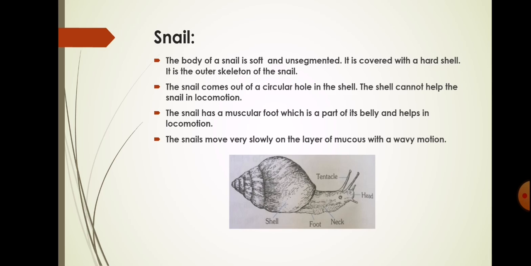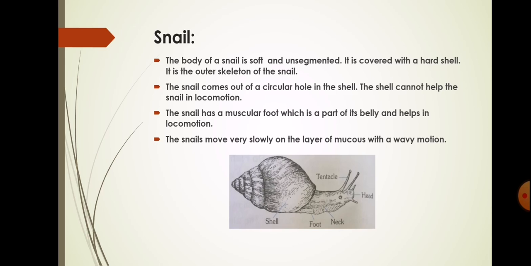The snail has a muscular foot, which is nothing but a part of its belly. You will not be able to see a separate foot. It is nothing but a part of their body, a muscular part in the belly.